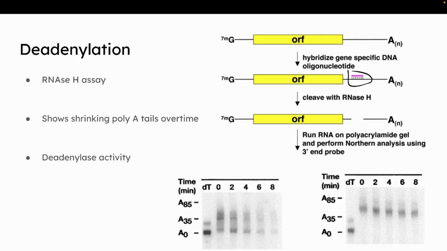And what you do is you cleave with RNase H, which will only cut here at where this probe is. And so you can see that this is AN, right? This poly A tail could be any length. What this assay is doing is estimating how long each poly A tail is.